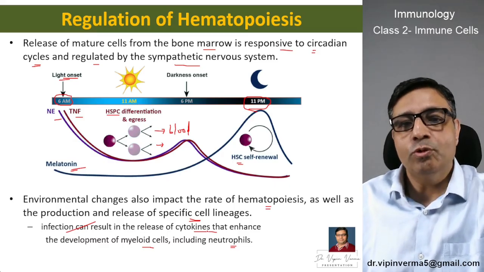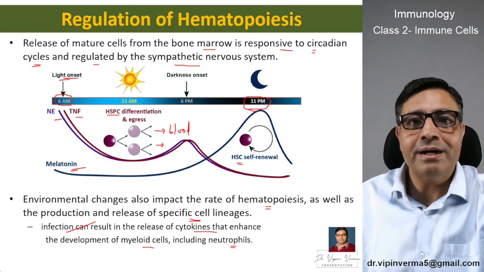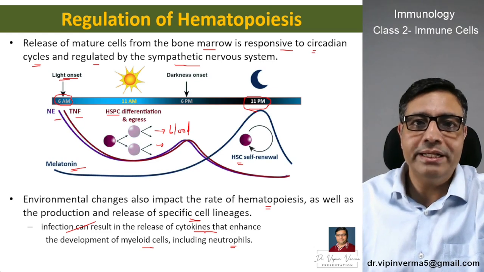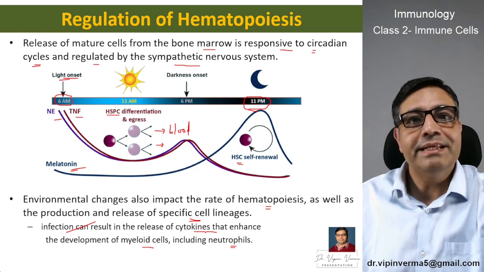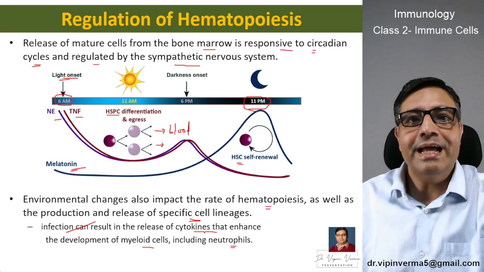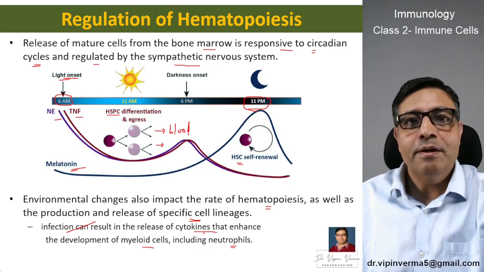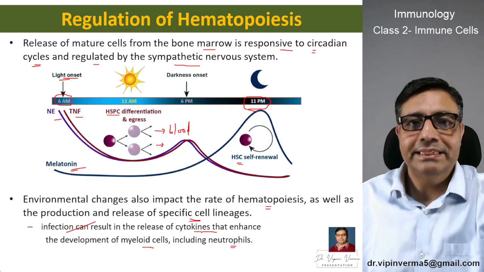And as I told, in case of anemia, we need RBCs, so RBCs will be made. So depending on what kind of demand there is inside our body, our cells make those particular cells from the stem cells, and that is regulated and maintained by the environmental signals.